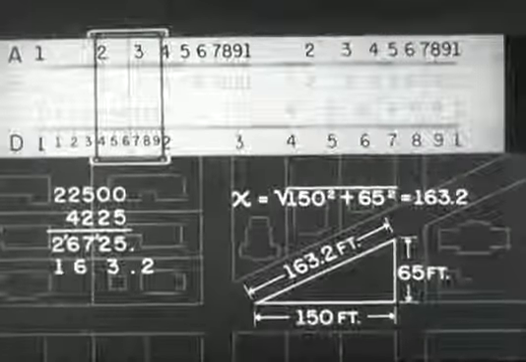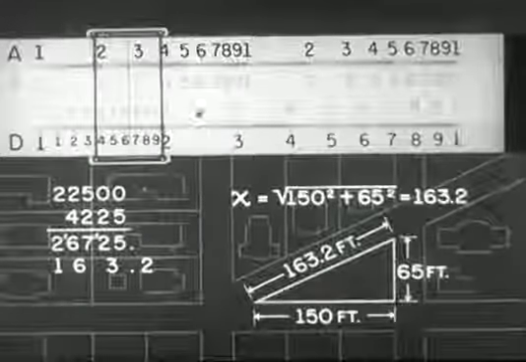Placing the hairline on the estimated position for 2, 6, 7, 2, 5 on A, we read 1, 6, 3, 2 on D. By lining up the figures thus, we find that x equals 163.2. With any right-angled triangle where two sides are known, the finding of the unknown side involves only the simple process of obtaining squares and square roots.